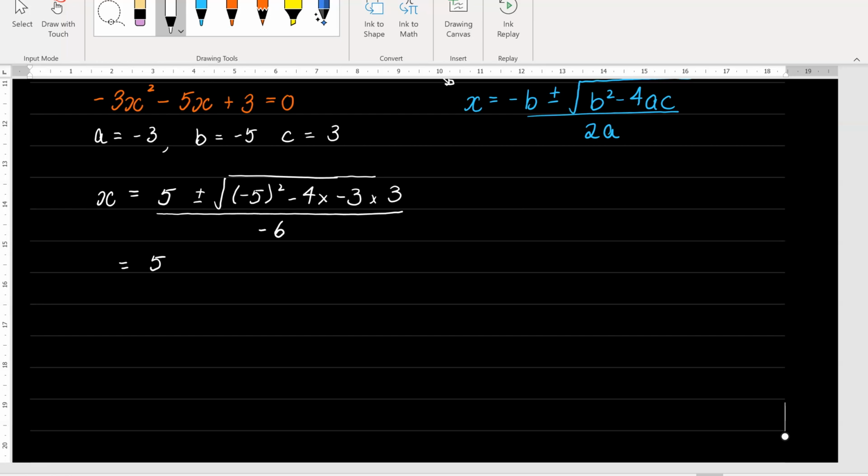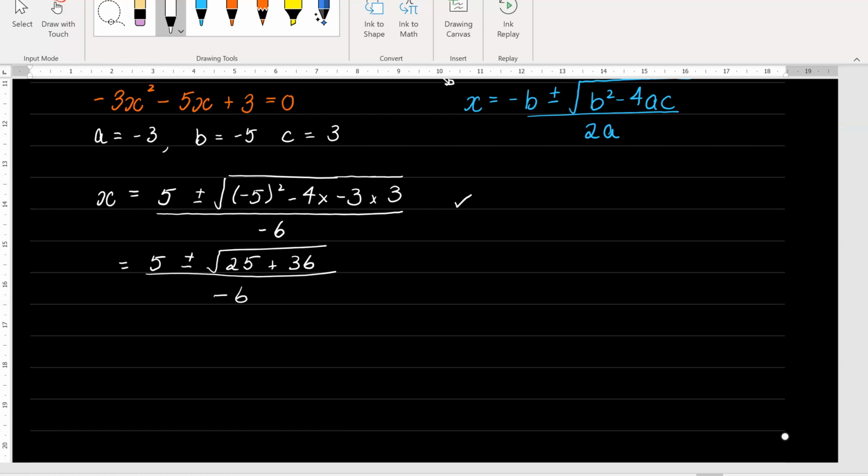That again is the hardest bit that you've done. And now from here, it's all your calculator. So we end up with 5 squared is 25. Now a negative times a negative is a positive. So 4 3s are 12 times 3, so we're adding 36.